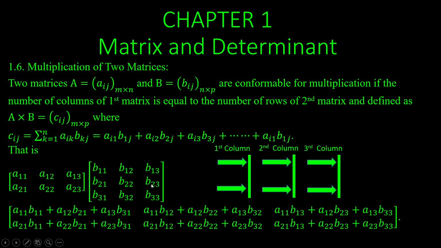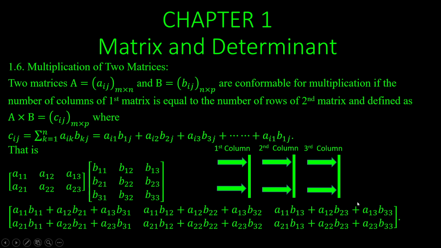Again, we multiply all the entries of the third column of the second matrix by the corresponding entries of the second row of the first matrix. We get A21 B13 plus A22 B23 plus A23 B33. And adding those, we put the sum here. In this way, we can do the multiplication of the two matrices.